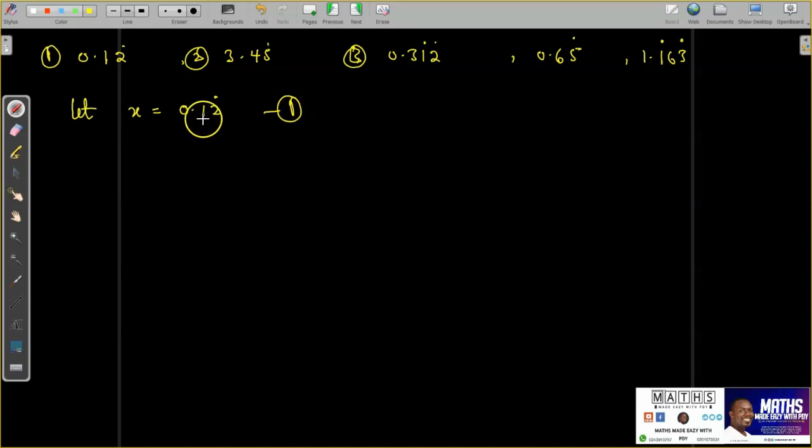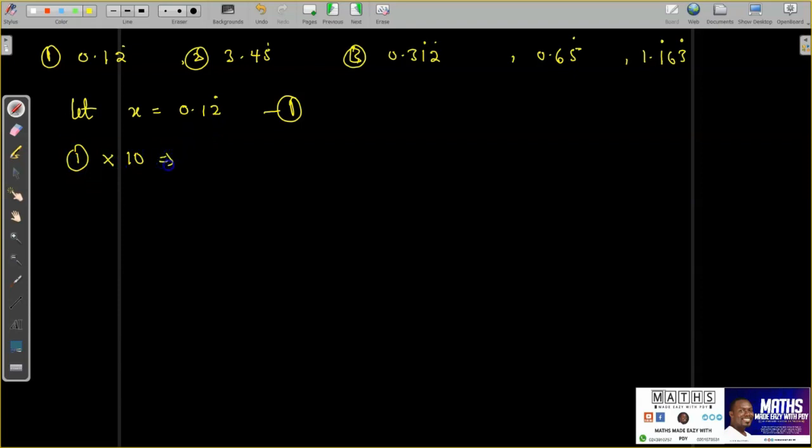Now, how many digits are not recurring after the decimal point in this question? 1. So in this case, if we have to transpose the 1, what power of 10 should we multiply through by? 10. So equation 1 by 10.